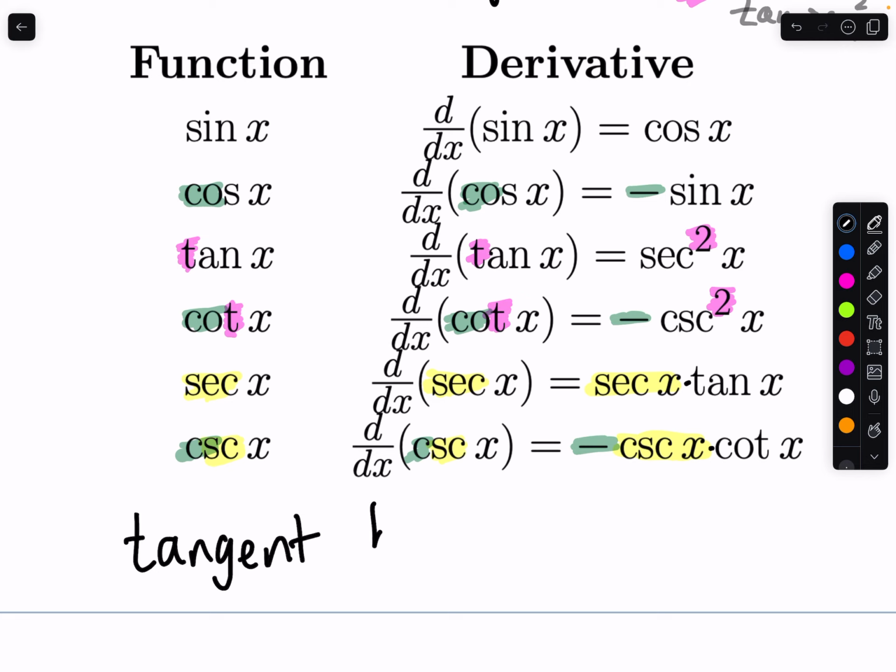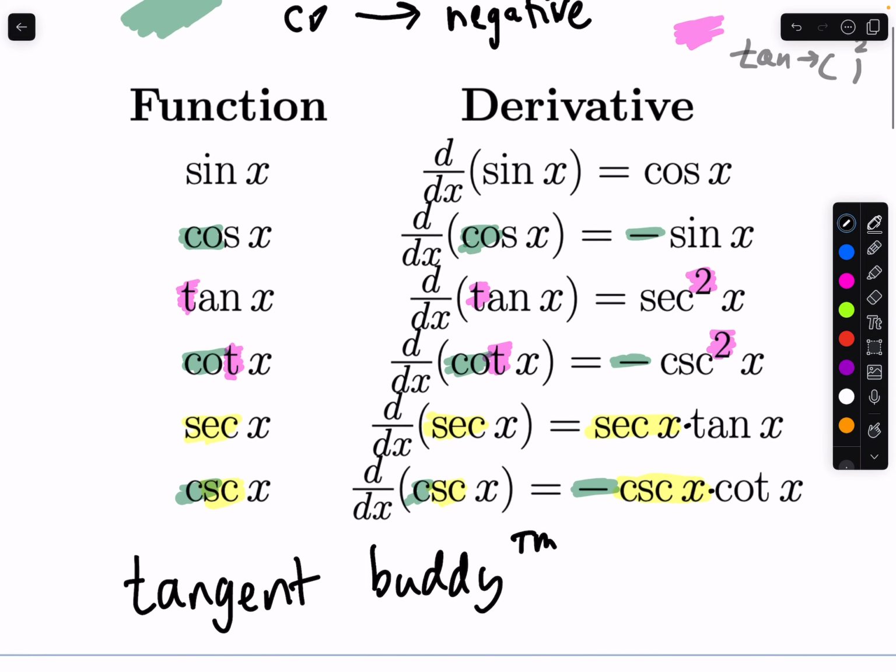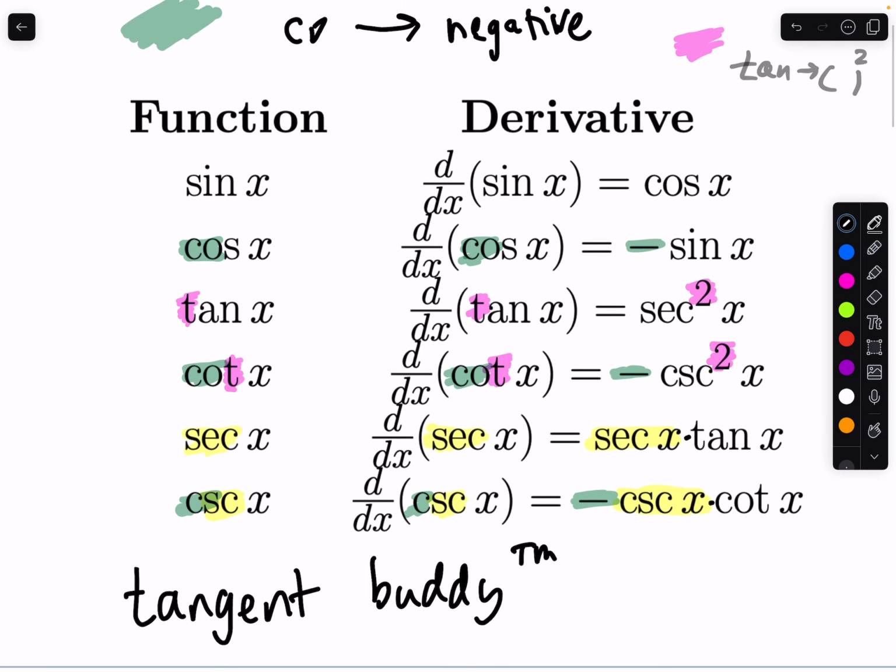Its tangent buddy. Now, by the way, trademark, copyright me. I don't think anyone's ever uttered that phrase before in their life. However, this observation is very, very helpful.